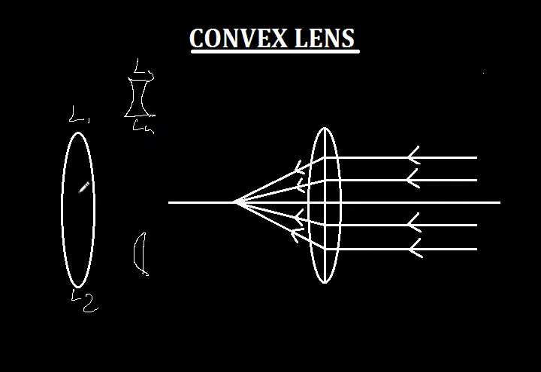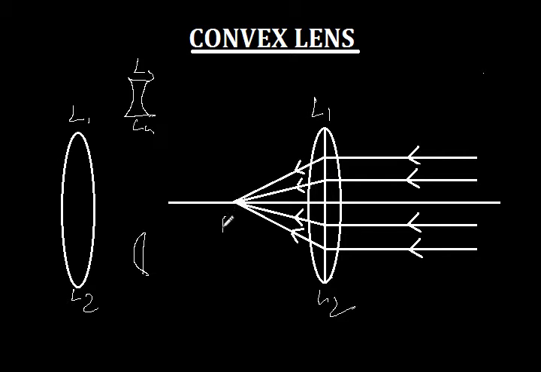Now I discuss the convex lens. Convex lens is also called a convergent lens. What is the reason behind stating it as convergent lens? Because if a parallel beam of light takes entry in the convex lens, after refraction it converges at a point.